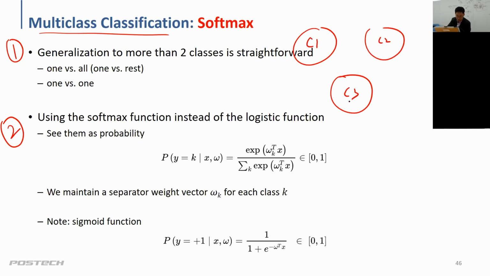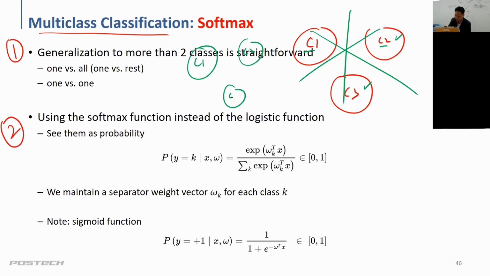What we can think about is, I'll build linear classifiers, from either perceptron or logistic regression, whatever, and take only two classes into consideration to get one linear boundary, and do it like that.